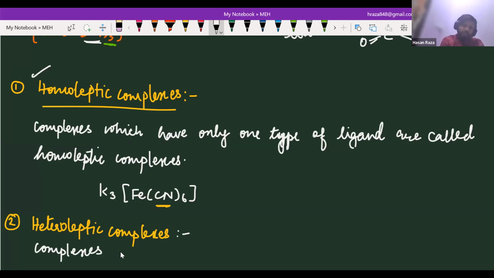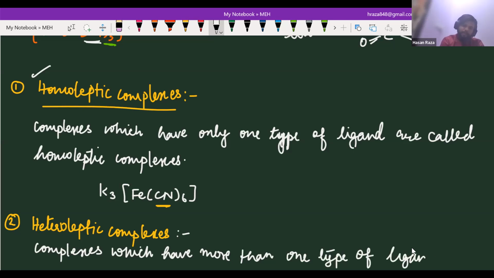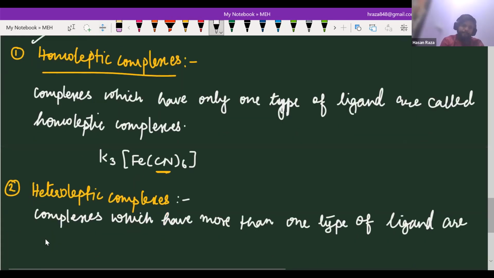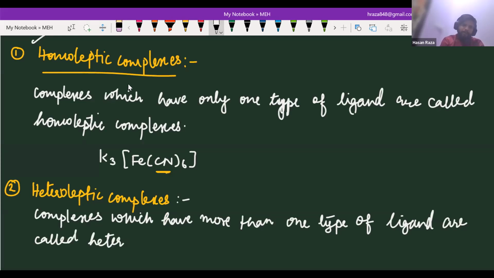Complexes which have more than one type of ligand are called heteroleptic complexes.